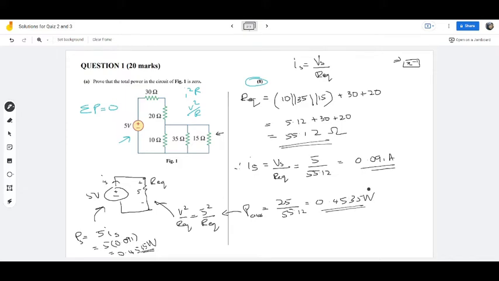Then you show that therefore P supply equals power absorbed. Or if you want to do the summation, negative 0.4535 as the power supply, plus 0.4535, equals 0, which is also correct. With that, that is the solution for question 1A.